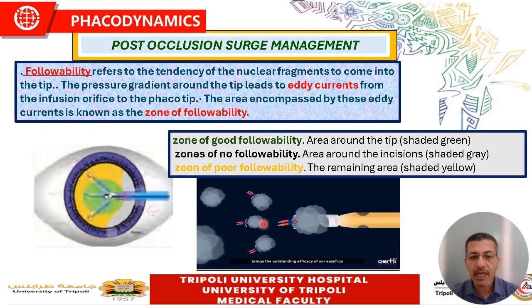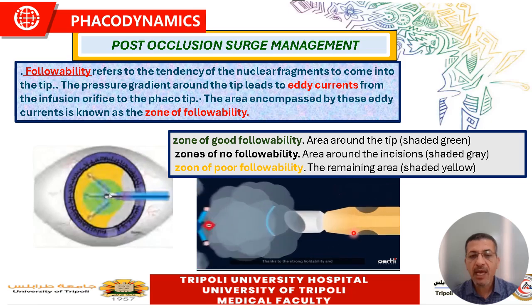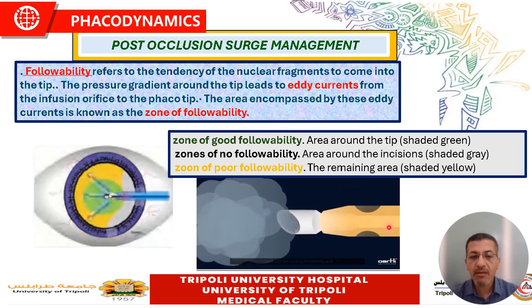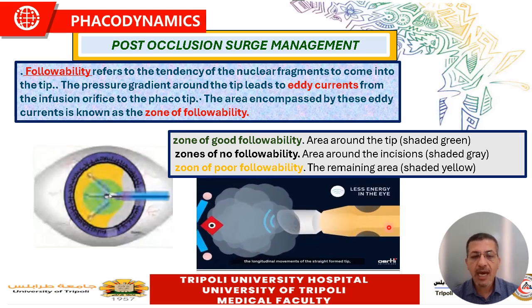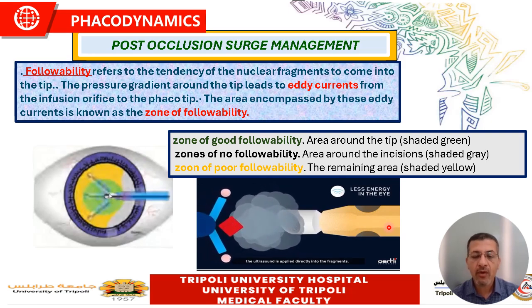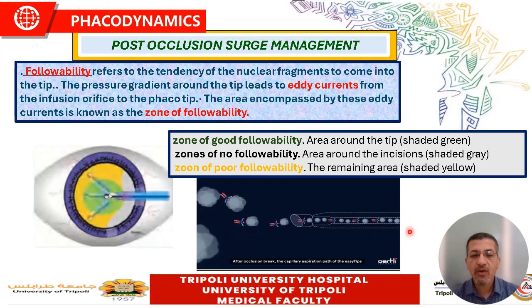The followability brings the lens fragment towards the phaco tip, and the holdability is related to the vacuum. Once there is a full occlusion of the phaco tip, there will be a good grip for the lens fragment, and then it will be emulsified by the ultrasound. This is the ideal way for good phaco emulsification. So you have to have a good vacuum and good aspiration rate for a good phaco emulsification procedure.